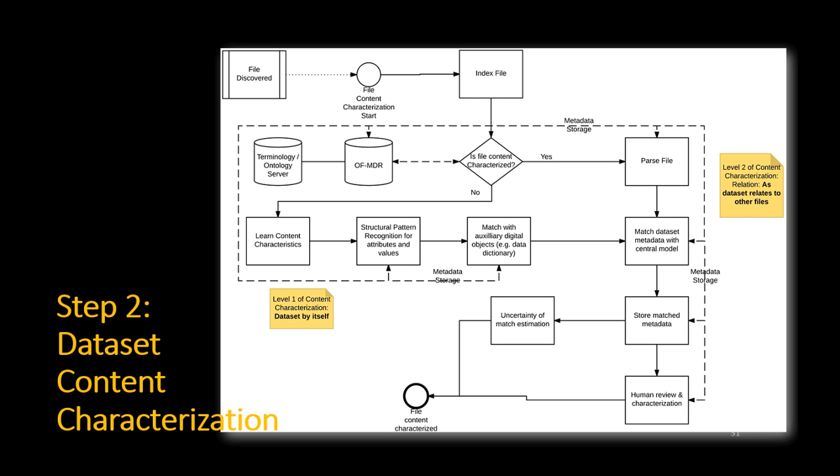So now that we know the structure of the content, we can actually deal with some of the content characterization. Once we know the content structure, we can essentially just loop through every part of the file. What we're really trying to do is match those different types of parts of the file.